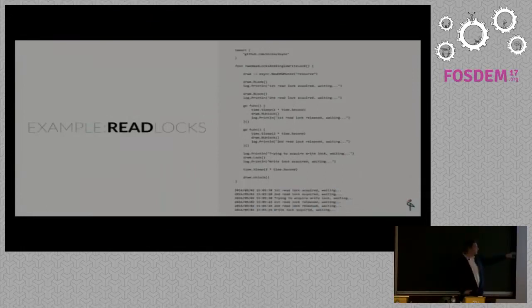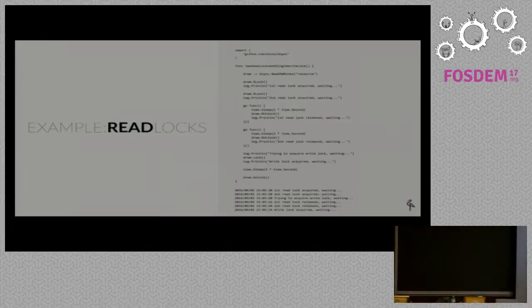Here is an example, maybe a little bit difficult to read, but again, the API is compatible with the regular RW mutex. So basically, this is an example where you just create a mutex, and then you lock it twice. And then there are some Go routines that after 1 and 2 seconds unlock the read lock.